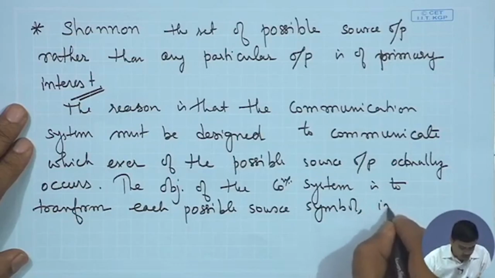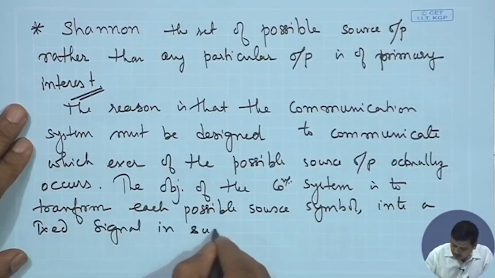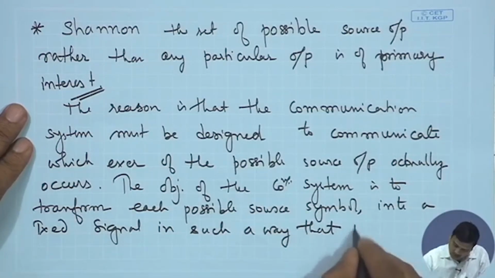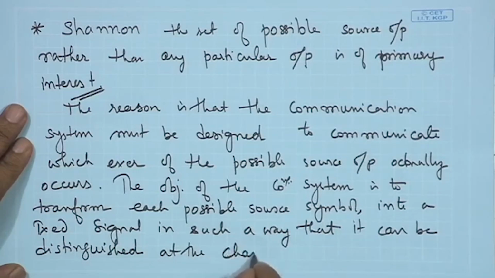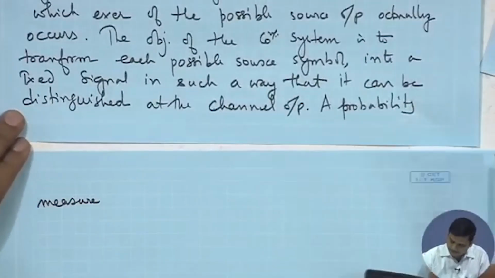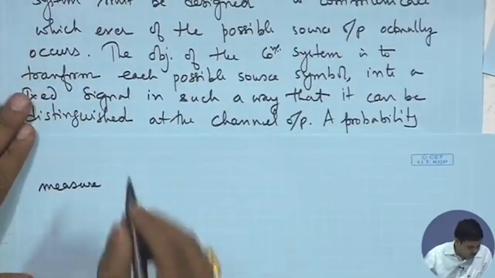Source symbol into a transmitted signal in such a way that it can be distinguished at the channel output, and hence a probability measure is needed.